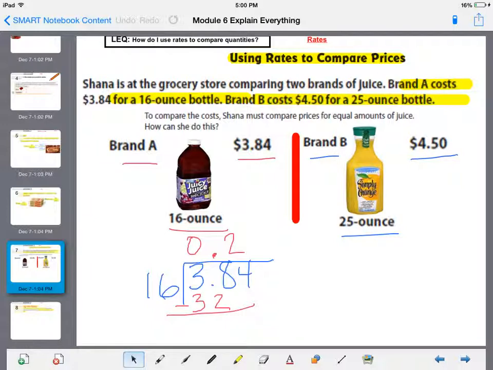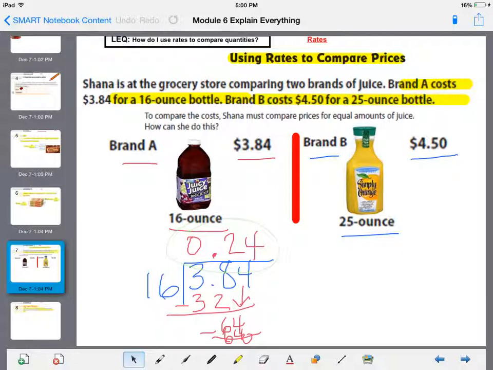We have 6, and then we're going to bring down the 4, and 16 goes into 64 4 times. And so what we see here is that we are paying 24 cents per ounce for the Juicy Juice.